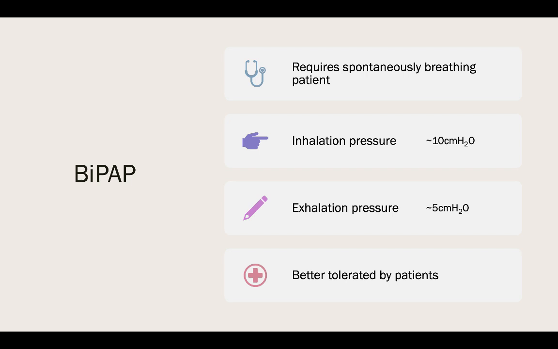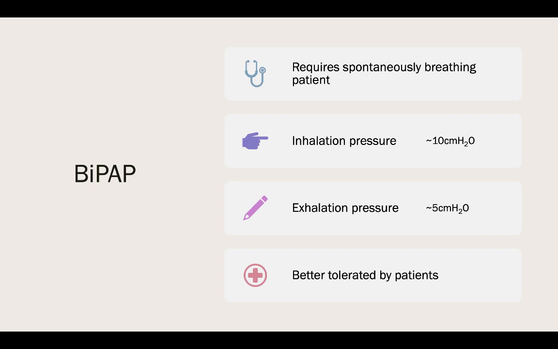Our initial settings, putting patients on BiPAP, we're giving them an extra 10 centimeters of water support on the inhalation side, on that airway pressure side. And then we're usually starting at 5 centimeters of water for that exhalation pressure, which is our PEEP. So a little bit of extra help on the inhalation, on the airway pressure, and giving some PEEP support on the exhalation.